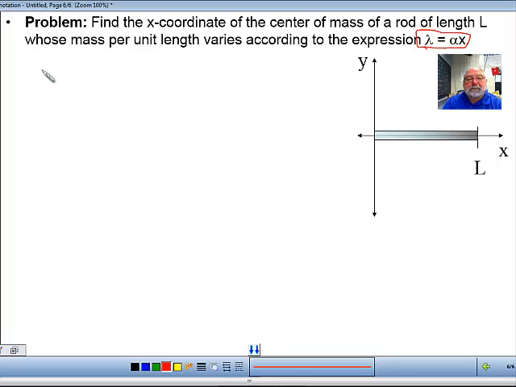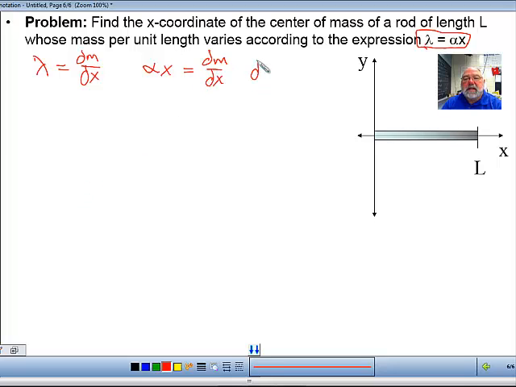Okay, so lambda still equals dm over dx. Well, lambda is alpha x, so alpha x is equal to dm dx.